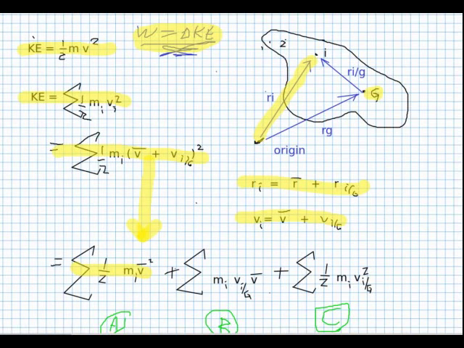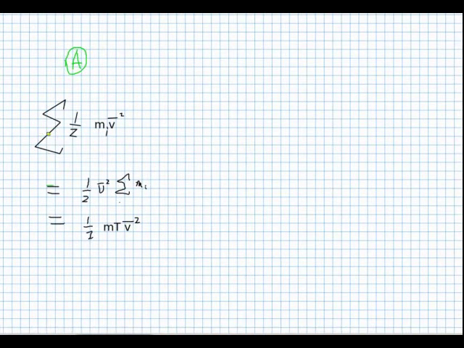Term A is the sum of 1/2 m_i times the velocity of the center of mass squared. Now, the velocity of the center of mass squared, this term right here, is a constant, meaning it doesn't depend on which particle we're looking at. So that can come outside of the summation.